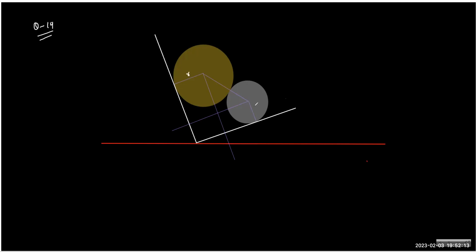This R is not given. This is given. How much? This is A, this is B. What is the radius of B?